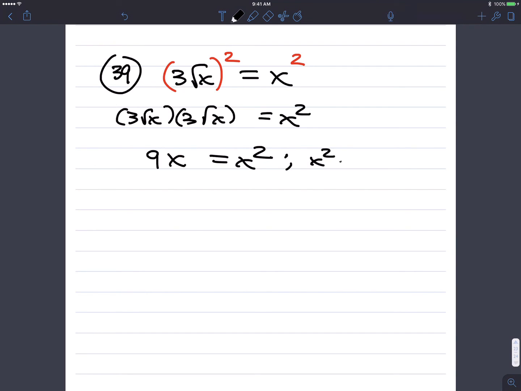Now, let's give you every detail. X squared then becomes 9x. Subtract your 9x from both sides. You now get x squared minus 9x becomes a nice 0. Now again, I love to factor, and that's what I'm going to do.